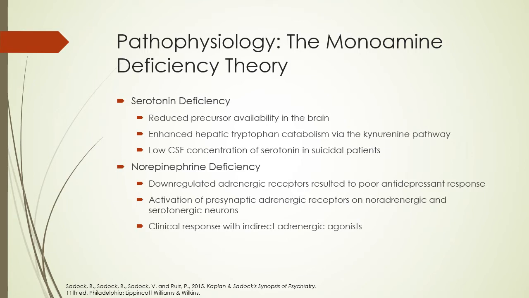But if tryptophan, which is present in the bloodstream, is taken up by the liver and degraded by the liver, forming kynurenine, the availability of tryptophan for conversion to serotonin in the brain would be less, as well as kynurenine causes CNS depression.